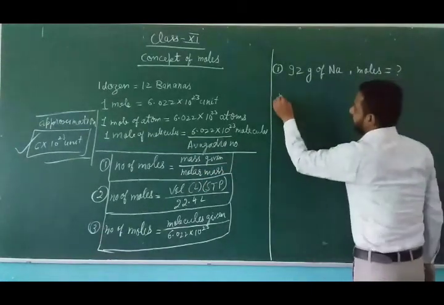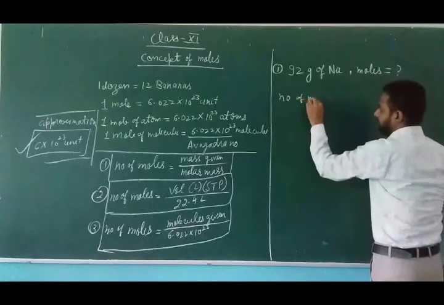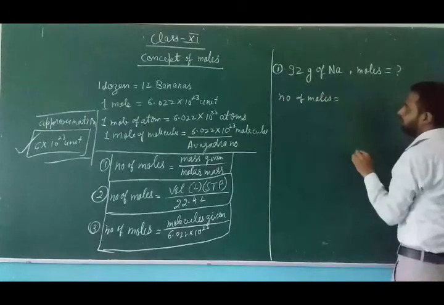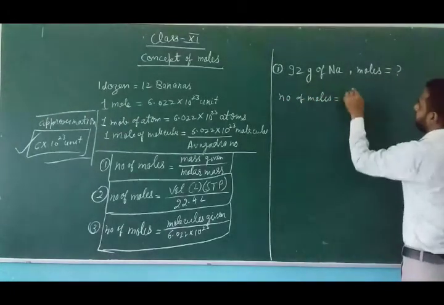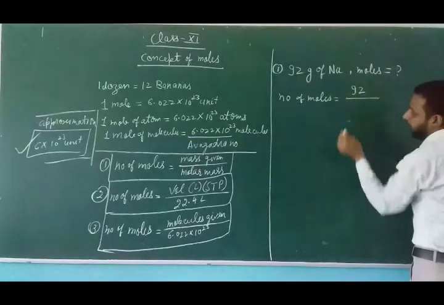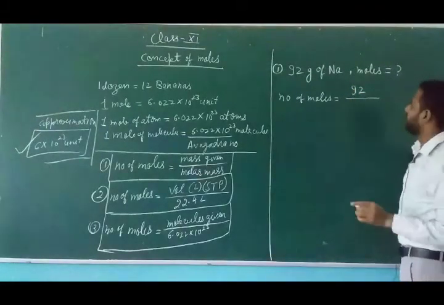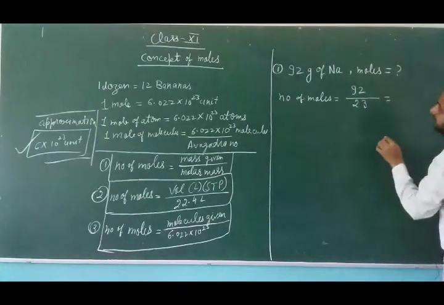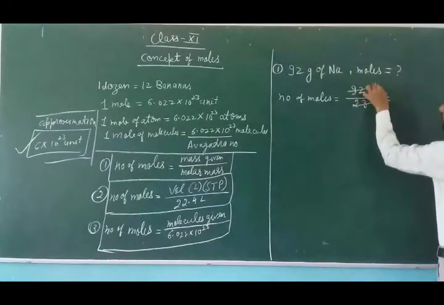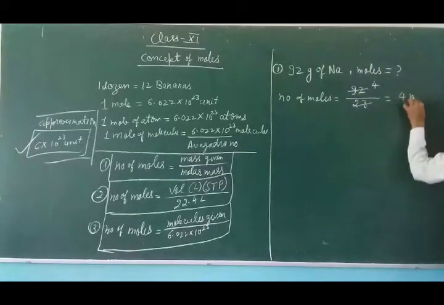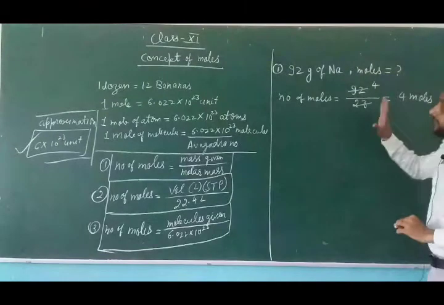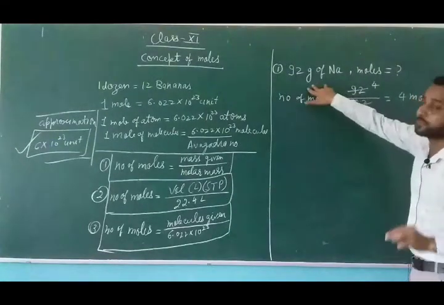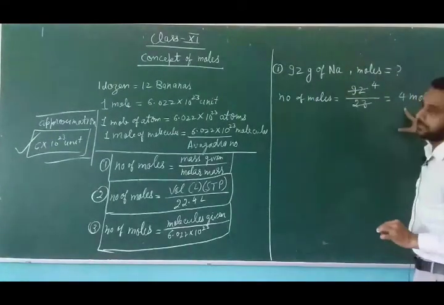Number of moles is equal to 92 upon molar mass, and molar mass of sodium is 23. So finally the answer will be 23 4s are 92, means 4 moles. So in 92 gram of sodium 4 moles are present.